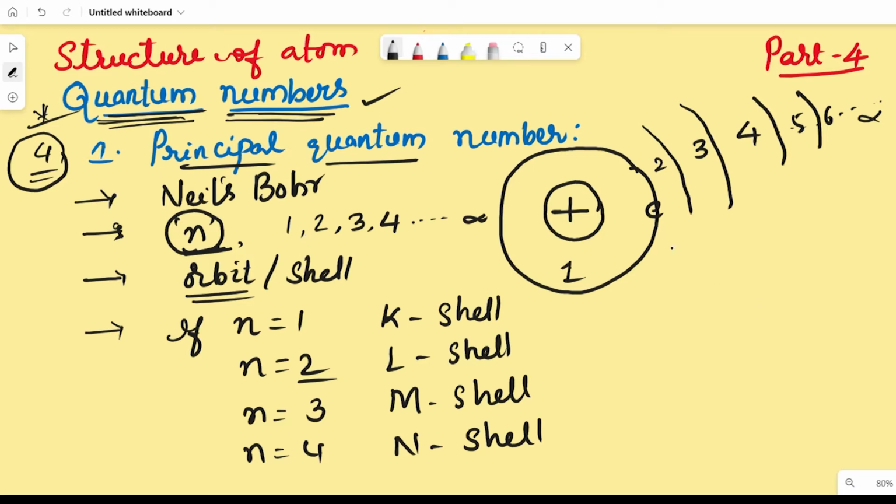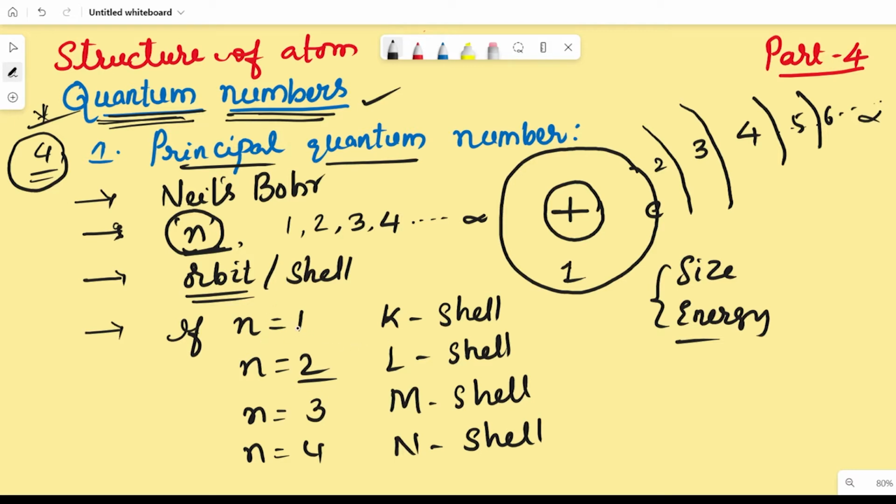That is a very important point. Size and energy. In your examination there may be a question like this: which quantum number indicates the size and energy of an atom or orbit? That is nothing but the principal quantum number only. So this is the first quantum number, the fundamental quantum number. Based on the principal quantum number only, we can understand the remaining quantum numbers.